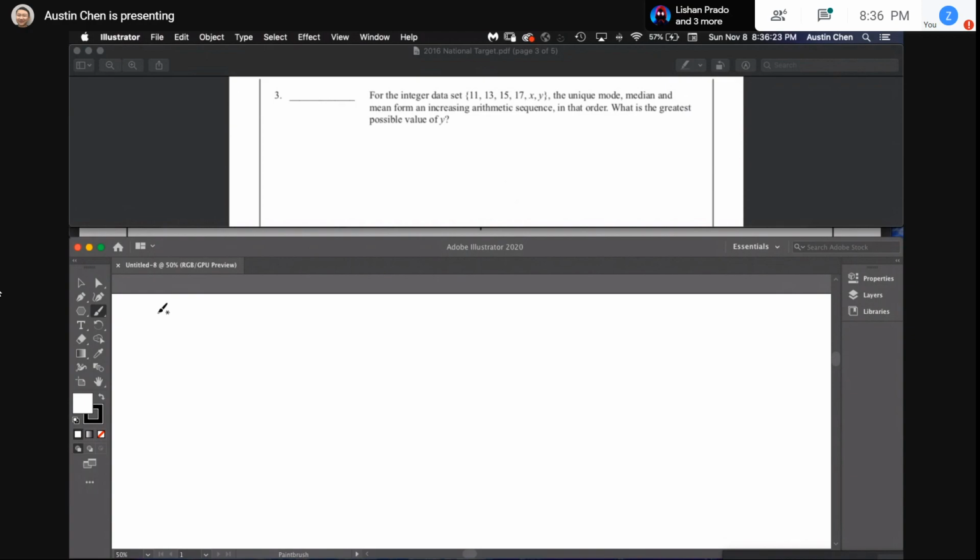So we should just make the mode 11 with x equaling 11, and then y can be whatever. We don't want y to be 11 because we want to maximize y. So we try x equals 11, which makes the mode 11. Then we have 11, 11, 13, 15, 17, and y. We can assume y is greater than 17 for now and see if it works out.